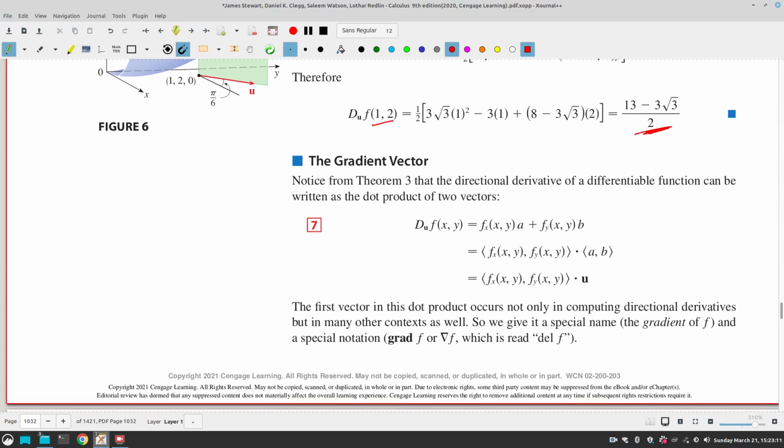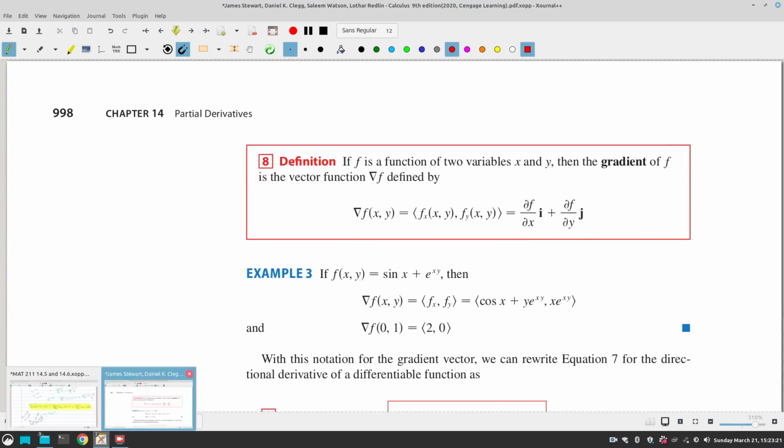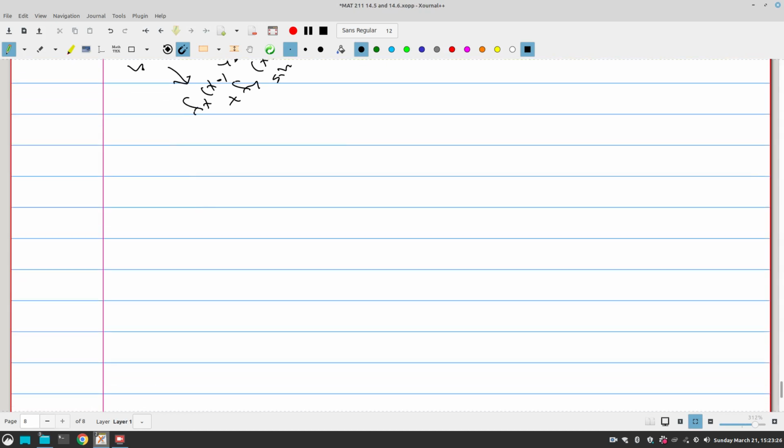Okay, so now we're going to introduce something called the gradient vector, denoted by grad f. This upside down triangle is known as nabla.